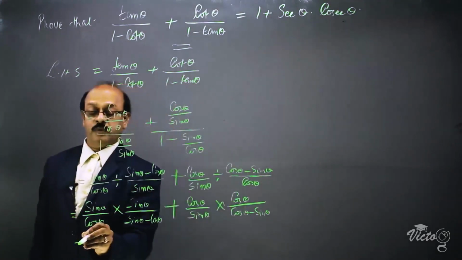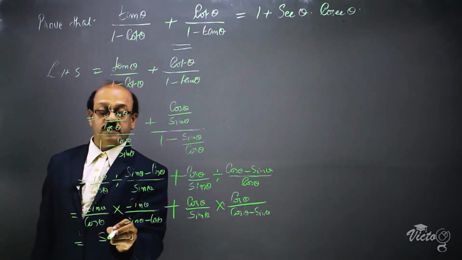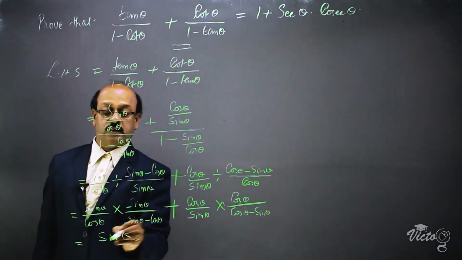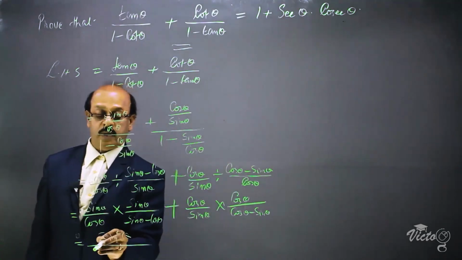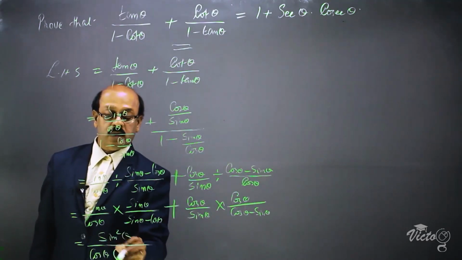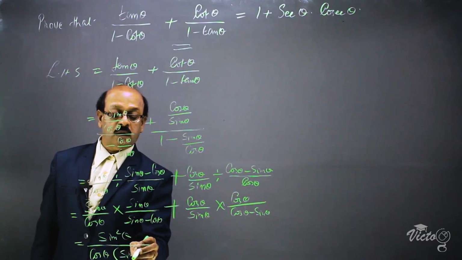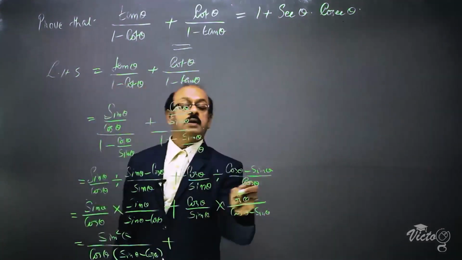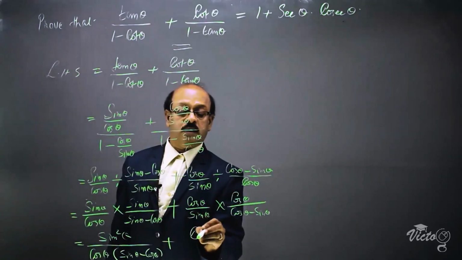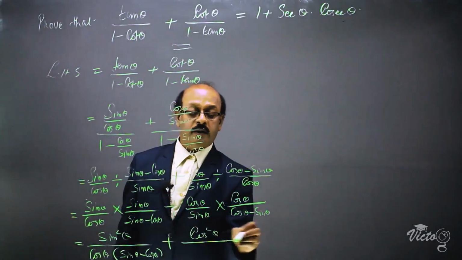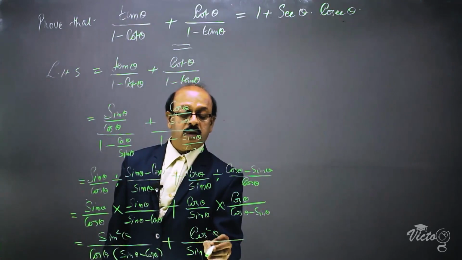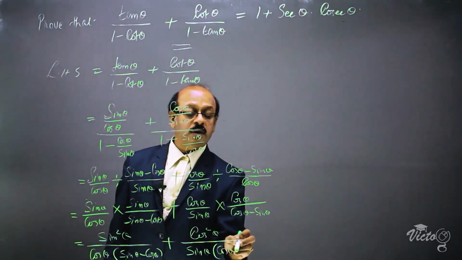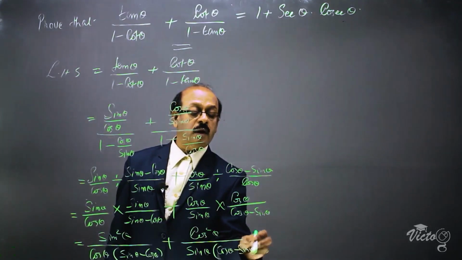This is sin theta into sin theta, which is equal to sin square theta, the whole divided by cos theta into sin theta minus cos theta, plus cos theta into cos theta, it is cos square theta divided by sin theta into cos theta minus sin theta.